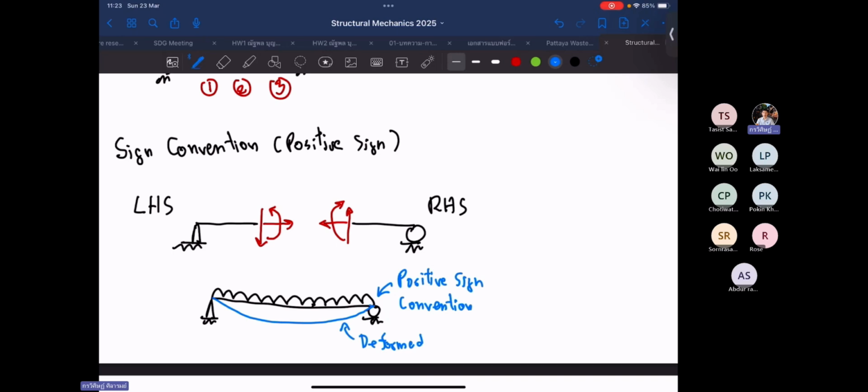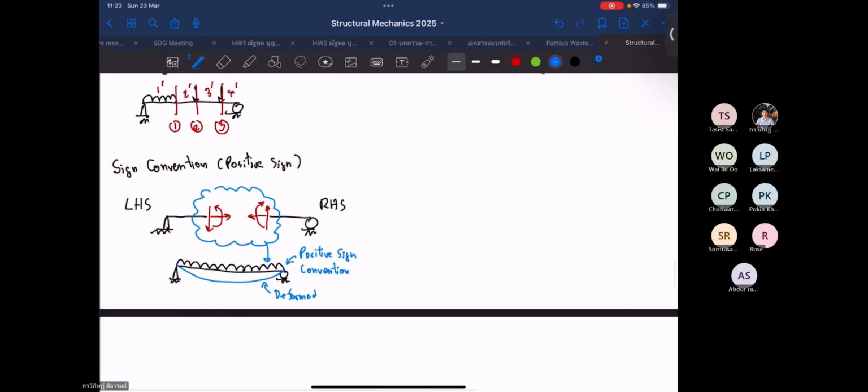So this set of internal force corresponds to this type of deflection. If it is in the other direction, the beam deformation will be the opposite direction, like that.